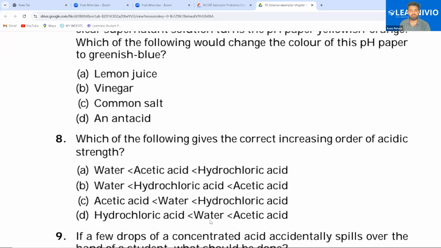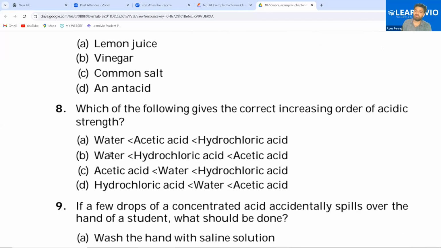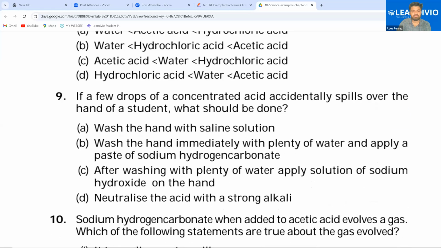Hydrochloric acid is a strong acid. Which is the correct option in this one? Question number 8, A. A is correct, because water is less acidic, then acetic acid is a weak acid, and then hydrochloric acid.